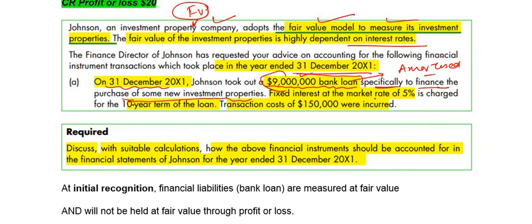A fixed interest rate of 5% is charged for a 10-year term. Okay, it's fine, and the transaction cost is this amount. Now one thing is clear.